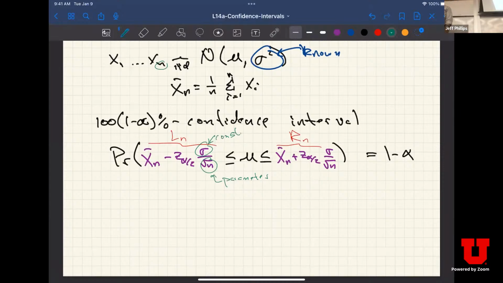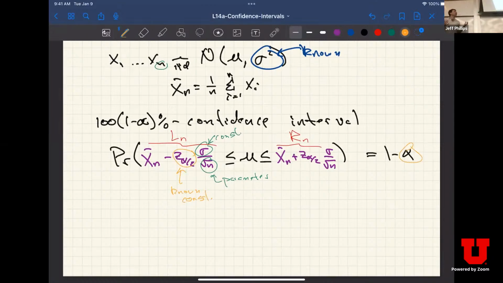And z alpha over 2 is a known constant. I looked it up in a table, and it depends on the choice of alpha. If alpha is 0.05, then that is roughly 1.96. So what I'm adding and subtracting is a constant, but the random variable is the mean.